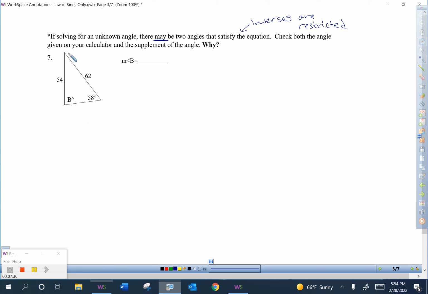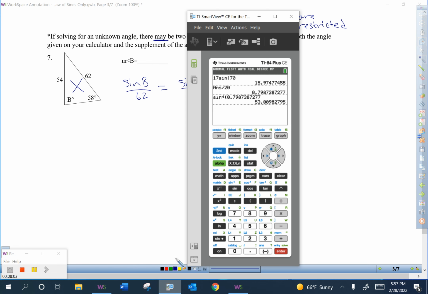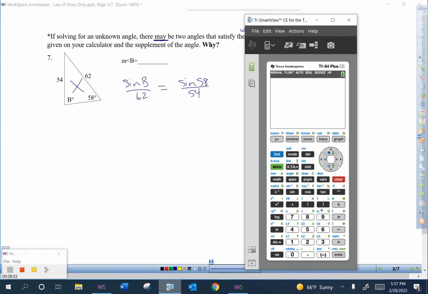So what we're going to do is find, first of all, our angle B, and then we'll talk about that second potential solution. Okay, so same process as before, sine of B over 62, and then sine of 58 over 54. We'll just throw that in the calculator. 62 sine 58, enter before dividing.